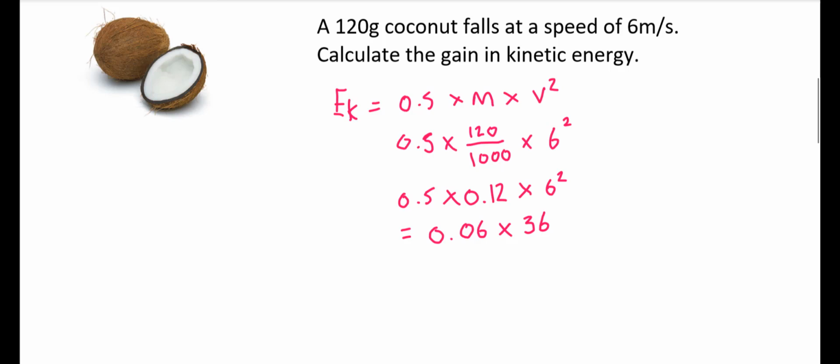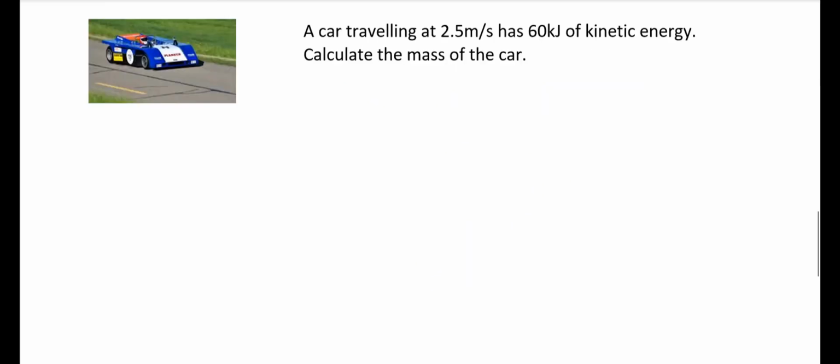If I type into my calculator 0.06 times 36, well, that gives us a kinetic energy of 2.16 joules. Notice in this question that I had to convert from grams to kilograms.